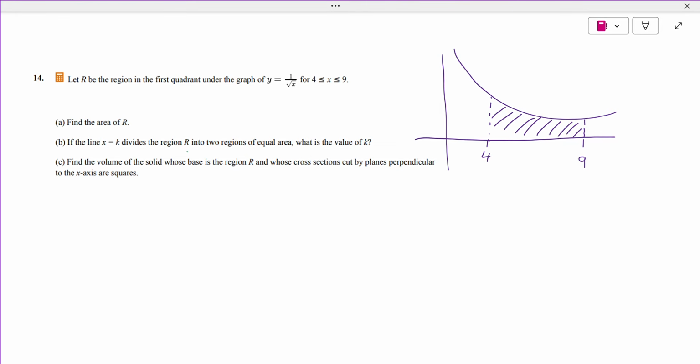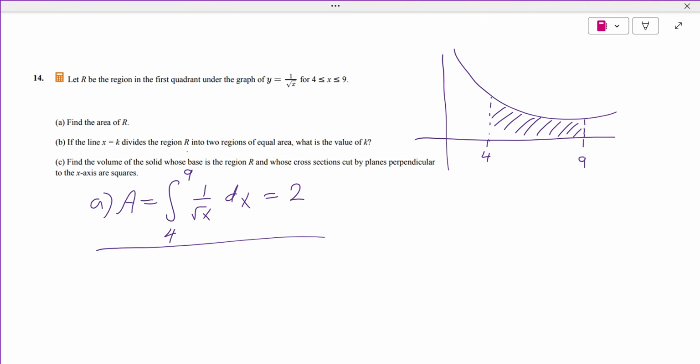Find the area R. Well, the area R for part A is given by the integral from 4 to 9, the area under the curve. What's the curve? 1 over root of x dx, right? This is equal to 2.